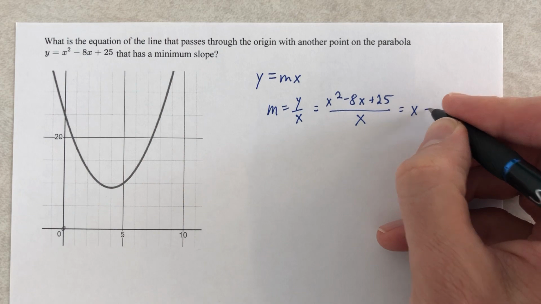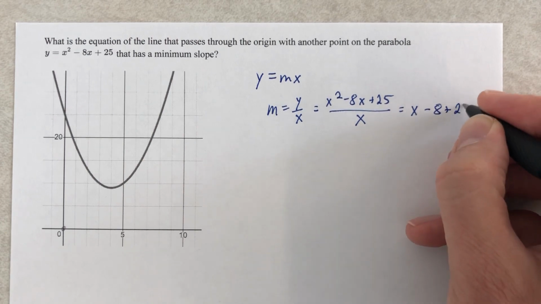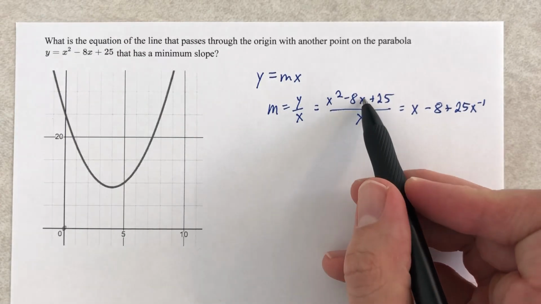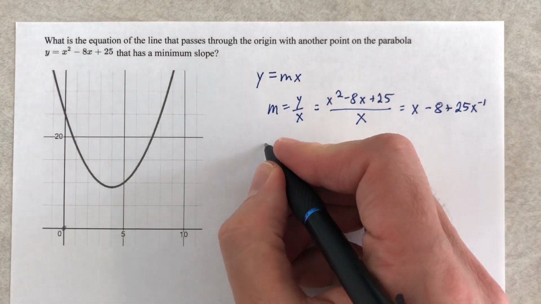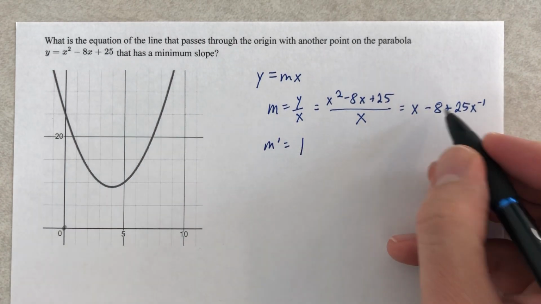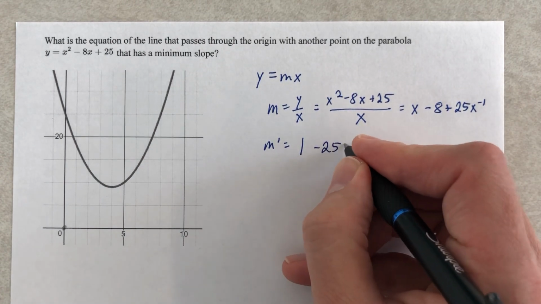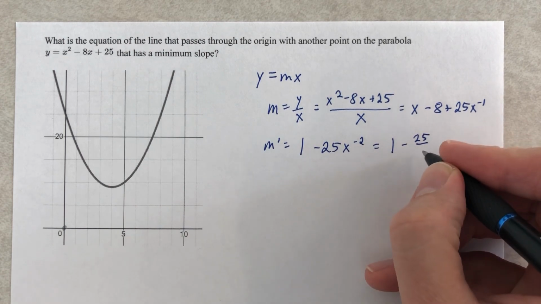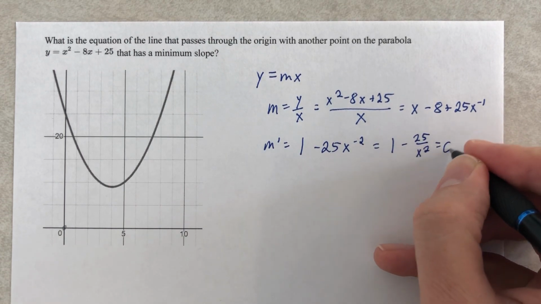That'd be x minus 8 plus 25x to the negative 1, or 25 over x. This divides out x. There we go. So we're ready to find the derivative now, and that would be 1 minus 25x to the negative 2, which is 1 minus 25 over x squared, and we'll set that equal to 0.